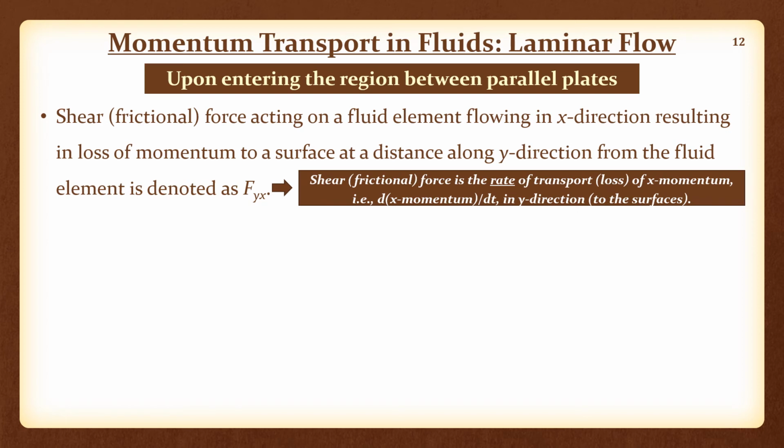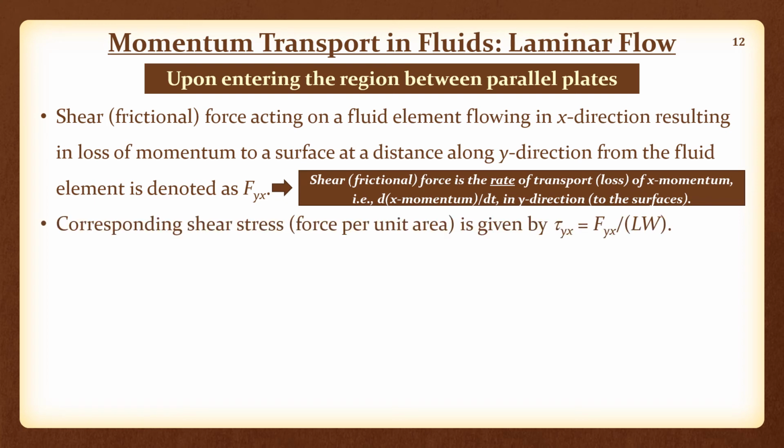To reiterate, the shear force is the rate of transport of x momentum in the y direction. Understand that rate of change of momentum is force. Therefore it is the rate of transport of momentum, and now we are looking at the rate of transport of x momentum in the y direction. The corresponding shear stress, which is the force per unit area, is given by tau yx is equal to F yx by the area.